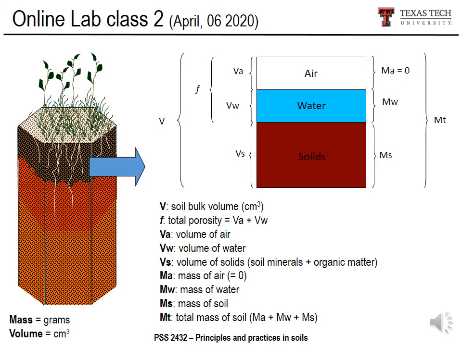Normally, the mass of soil is expressed in grams and the soil volume is expressed in cubic centimeters.